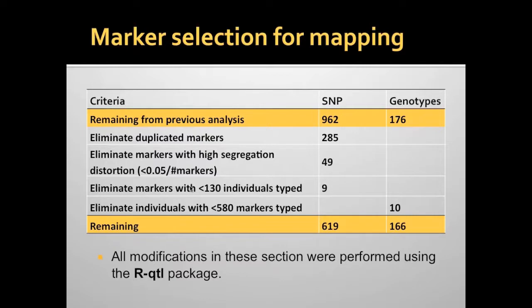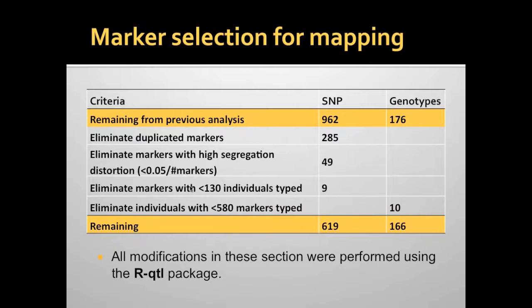So that's why I used it. And I eliminated, using R/QTL, all duplicated markers. It means all markers or all SNPs that had exactly the same information. What the software does is it groups all those that have the same information and just keeps one as a representative of all others.